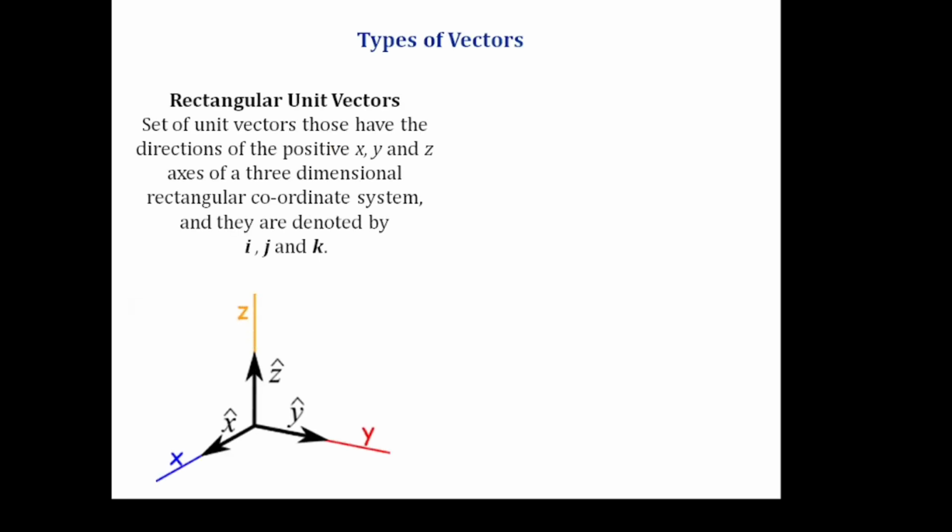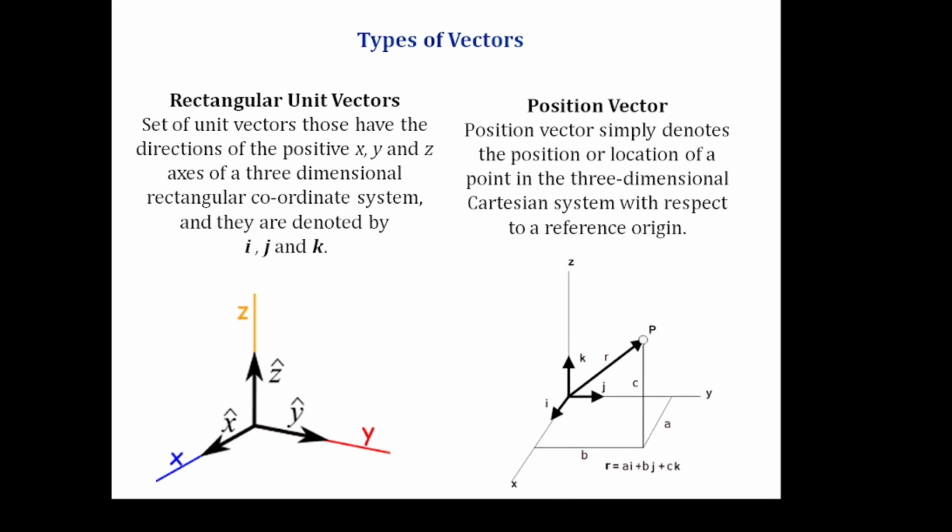Now rectangular unit vectors, that means in 3D coordinates. All of you know that we have x, y and z coordinates. So it is denoted that for the x direction we have the i cap unit vector, for the y direction j cap, and for the z direction k cap unit vectors. And what is the position vector?